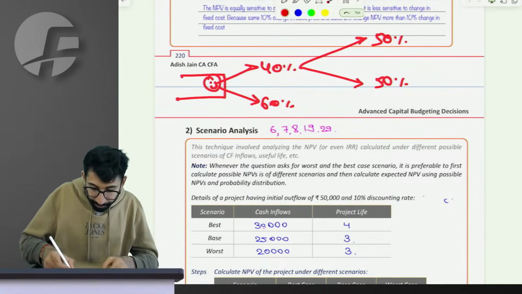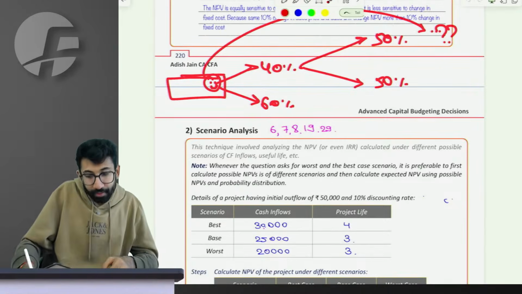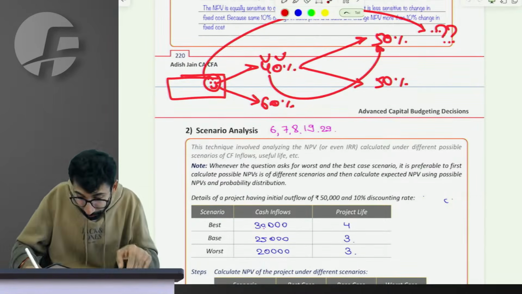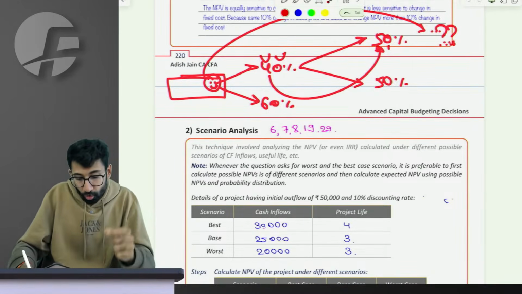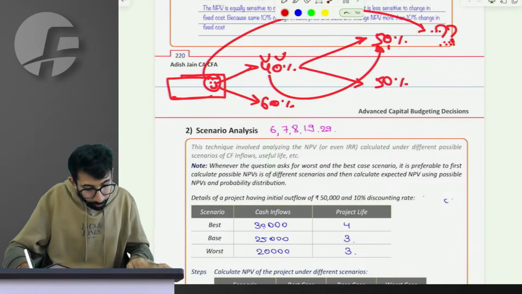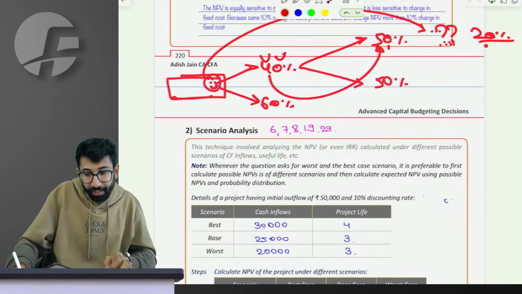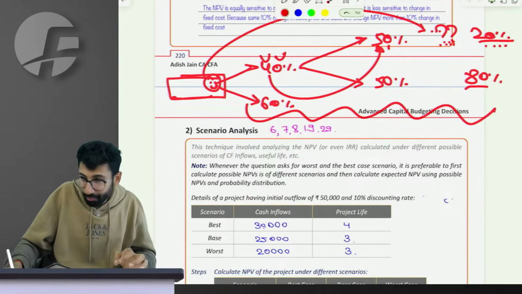You stand here. If I ask you what is the probability of clearing CA Inter, you will say 40% chance if I do it, and in that 40%, again only 50% chance of clearing CA Inter. So the overall probability of clearing CA Inter from here is 40% into 50%, which means only 20% chance of clearing CA Inter, and 80% chance that I'll be stuck somewhere in between.